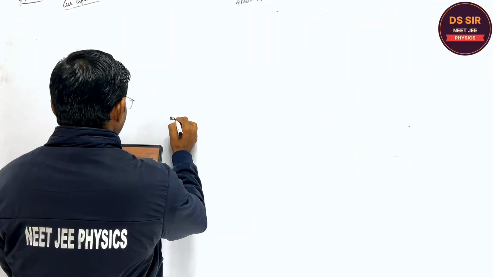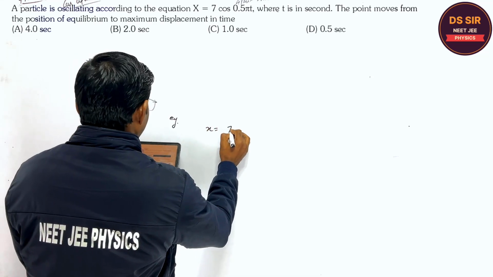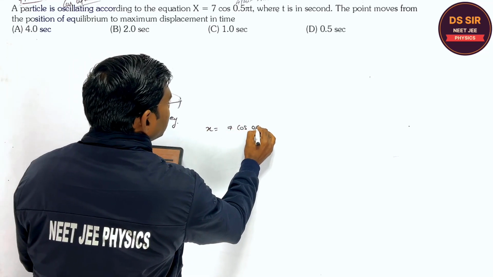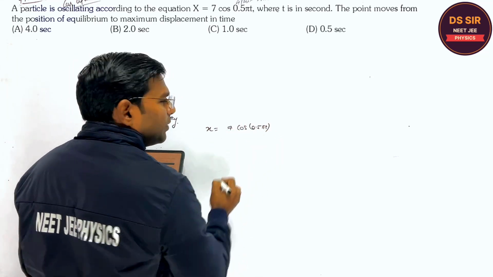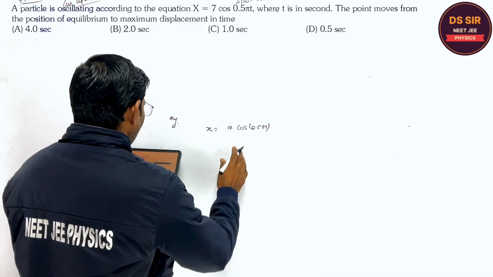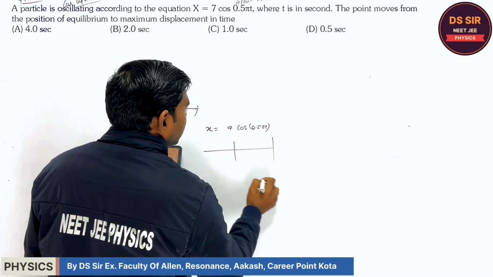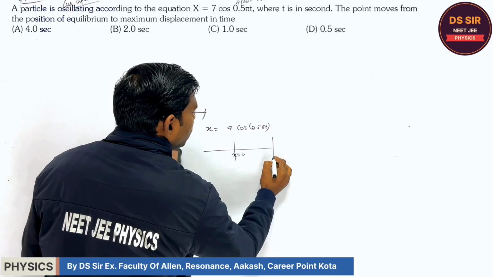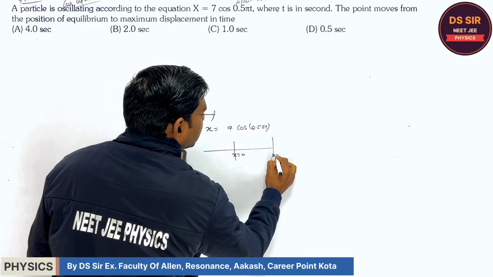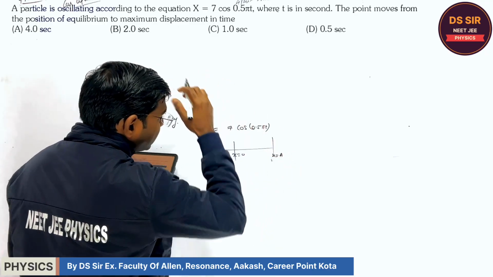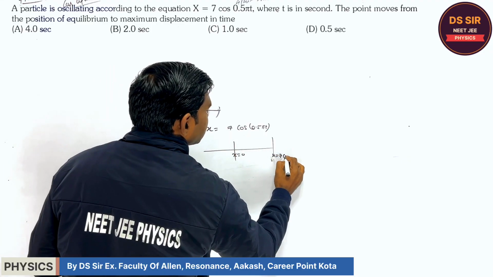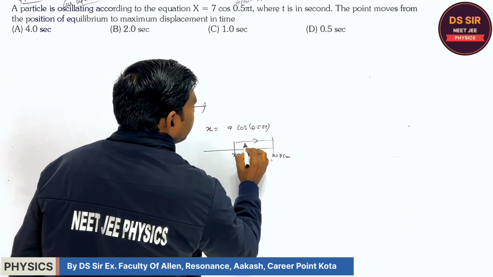So read this question. In this question, the equation of the motion of the particle performing SHM is 0.5 pi t like this. The point moves from position of equilibrium to maximum displacement. From equilibrium to maximum displacement. Yes. Tell me, the maximum displacement is 7 centimeters suppose. What is the time? Listen one thing.